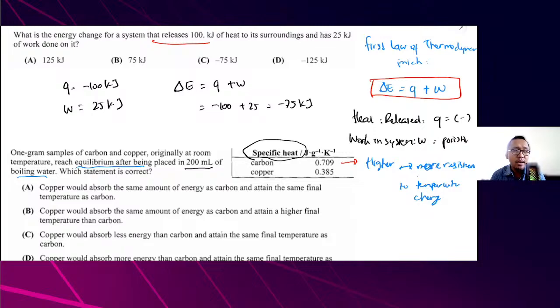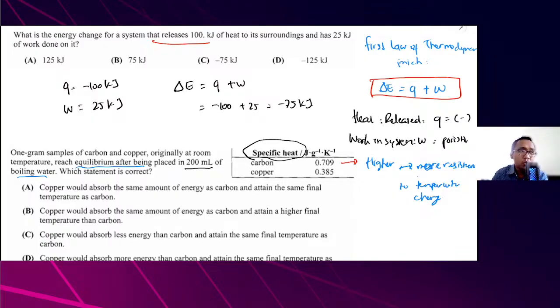However, their specific heats are different. So carbon takes more energy than copper to raise its temperature. Copper needs less energy for the same temperature change.